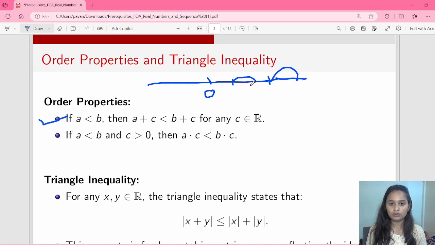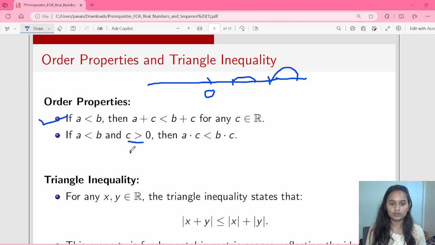But then also a plus c will be less than b plus c. That is the first order property. Then we have, if a is less than b and we are multiplying some constant, then you should know that if c is positive, then the greater side remains greater, like a into c will be less than b into c.